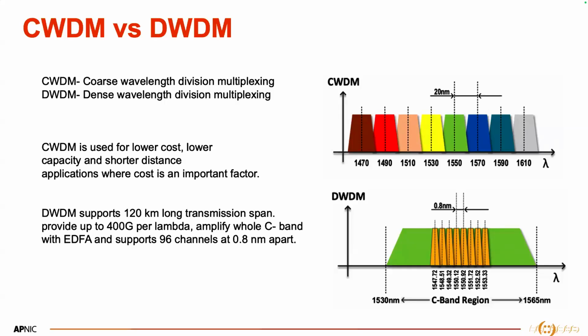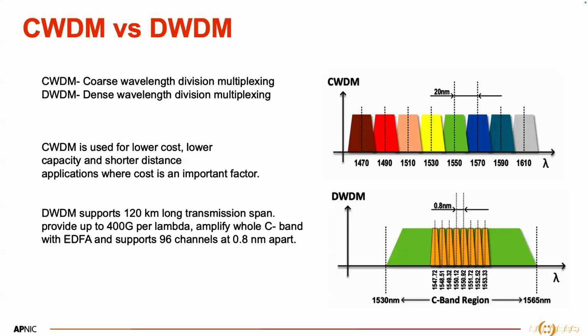As you can see in this diagram, for CWDM, there is 1550, 1570, or it goes to 1590. But within the C band, we have 1530 to 1565. We are taking wavelengths, and between each two wavelengths, we are keeping a 20 nanometer gap, right? This gap is called band gap or guard band.